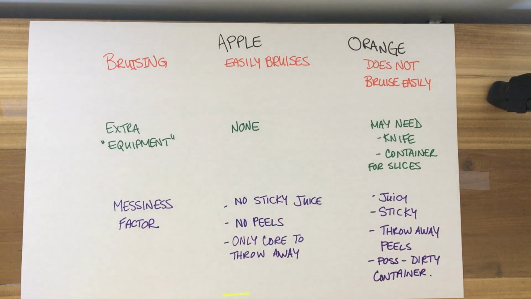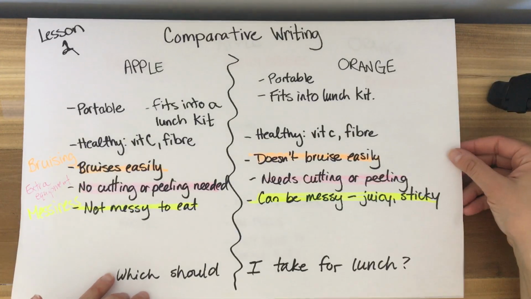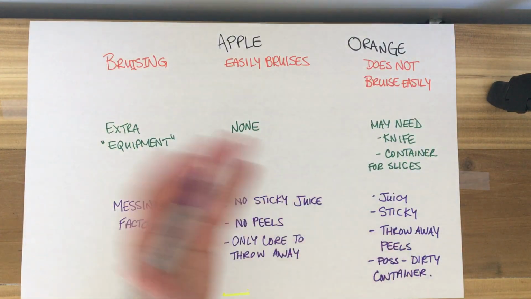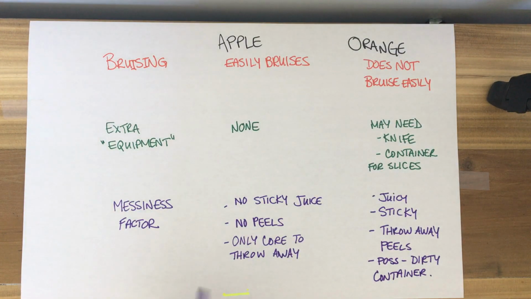Okay, all right. So now I've taken all that information that we had on this first sheet. I'm going to show it again. Okay, and I've just taken these things and I've made a new comparison that just shows those differences.